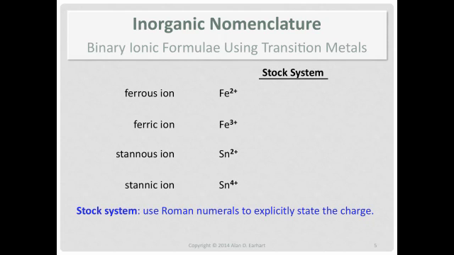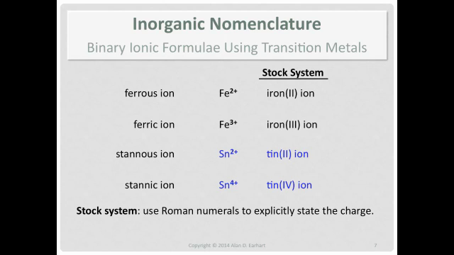We're only going to use it in cases in which the charge is unknown and in which there are multiple charges possible. So instead of ferrous and ferric, we call them the iron 2 and the iron 3 ions. Similar for Sn2 plus and Sn4 plus.